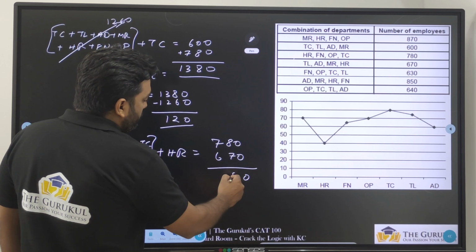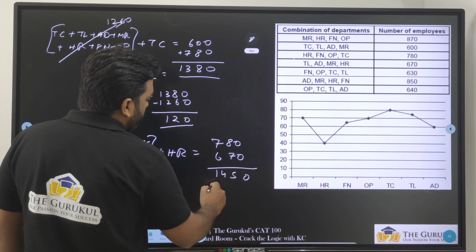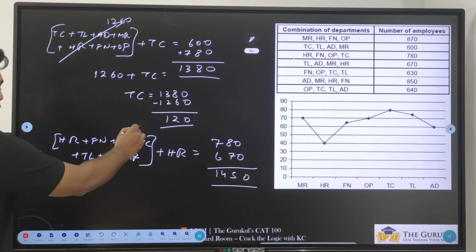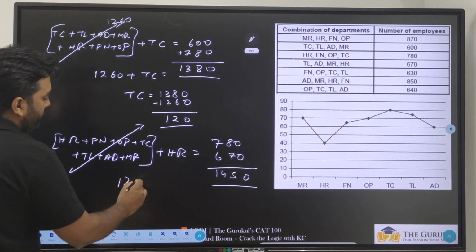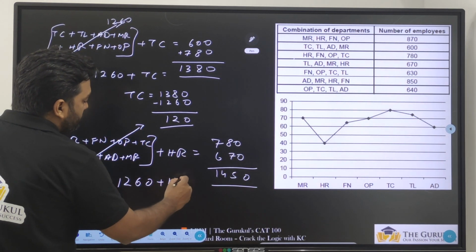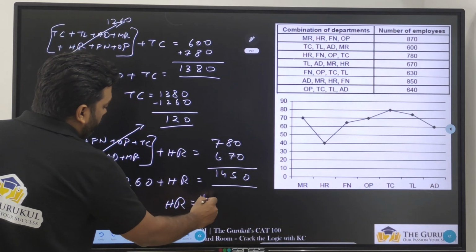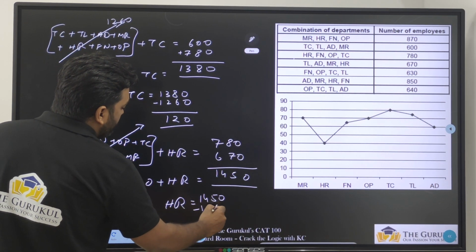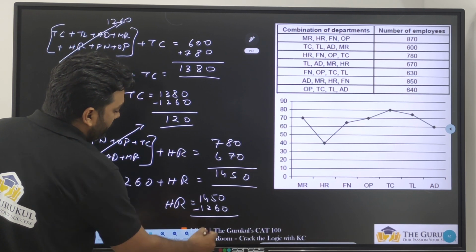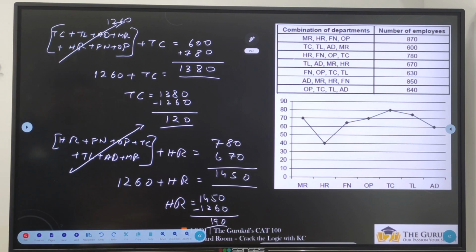So this will be equal to 1450. I already know this total value is 1260 plus HR equal to 1450. So HR value will be equal to 1450 minus 1260, which is 190. Now what is that 190? 190 is the total HR value.